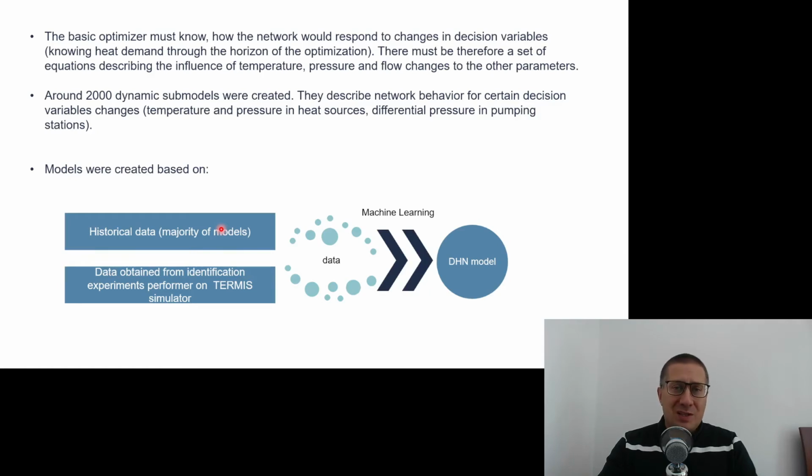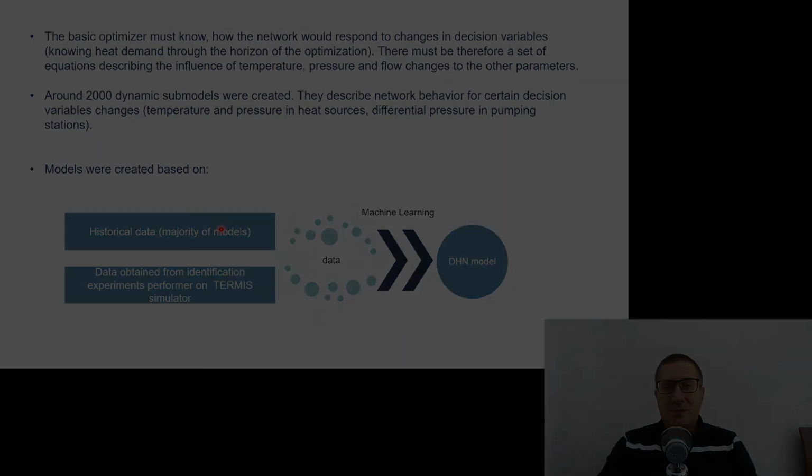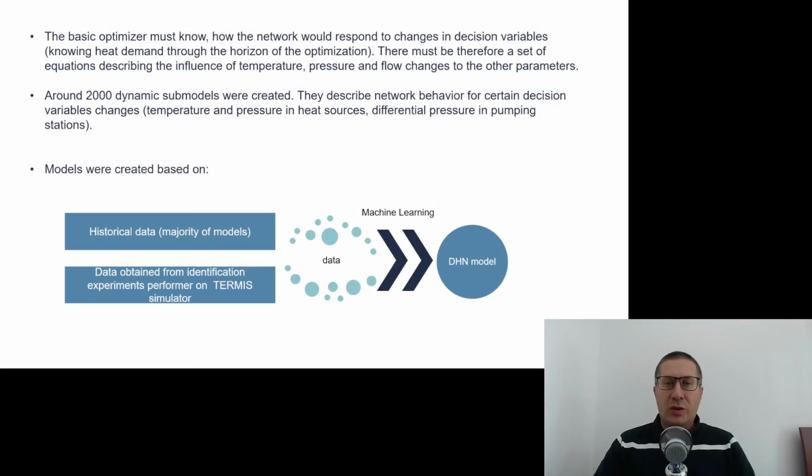The problem is it's very heavy. We couldn't use this simulator because the calculation time of the response of temperature, pressure, and flow in critical substations to the response to change in supply water temperature was too high, it was very high.